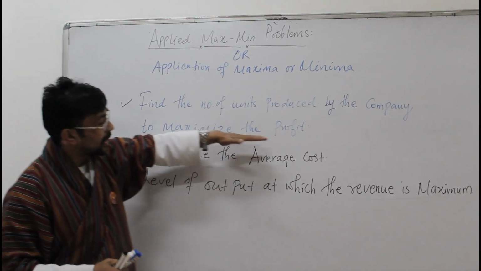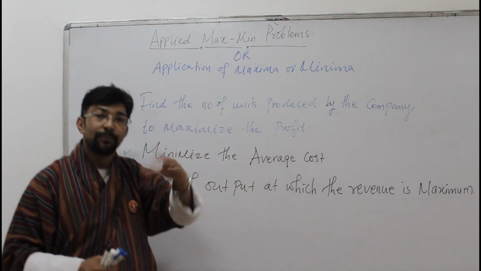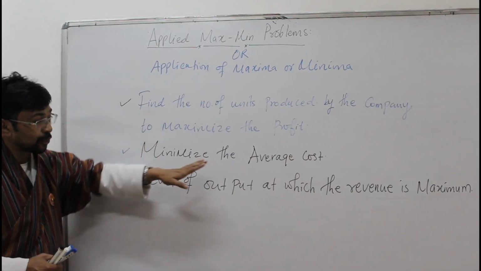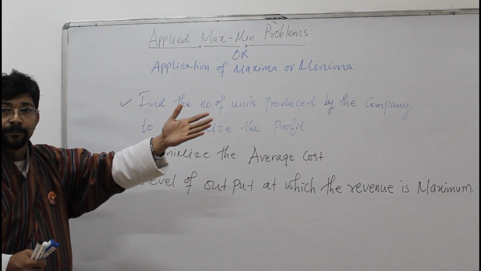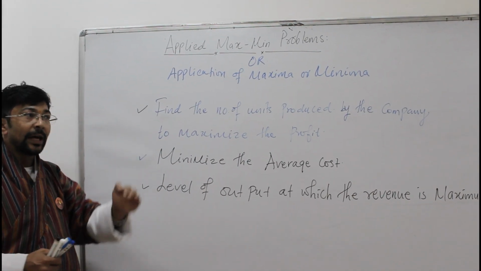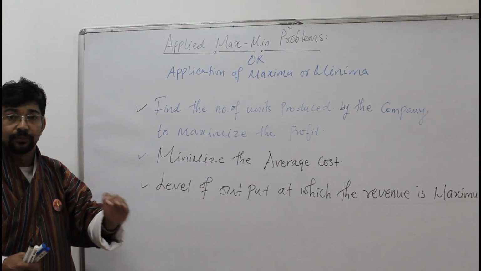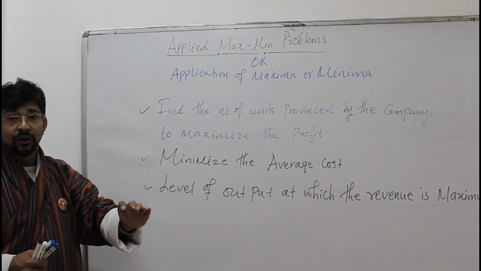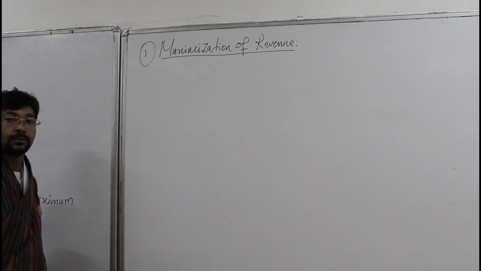That means at what value of X, or when they produce how many units, the company can make the maximum profit. Or if they are running into loss, at what value they are running into loss, and by how much.